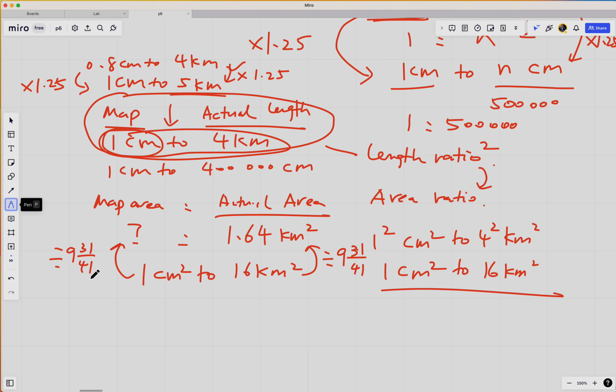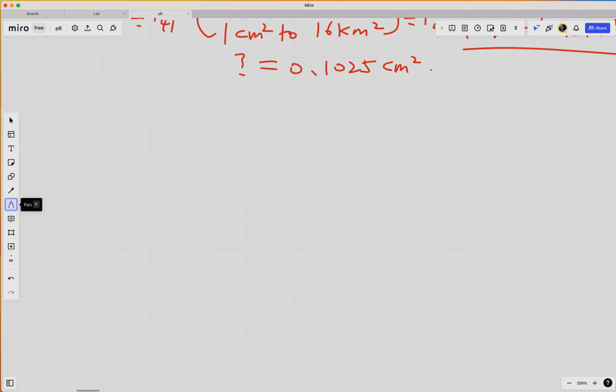So you just use 1 divided by the answer, then you will get the question mark. 0.1025. Okay. So the question mark is 0.1025 cm square.